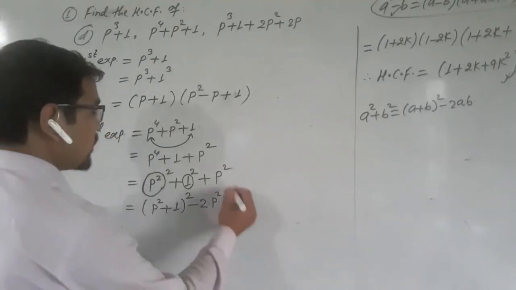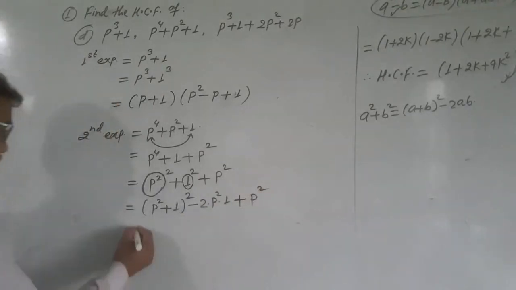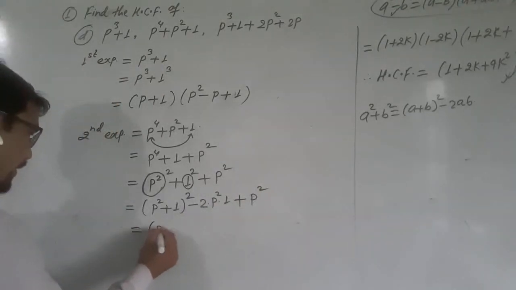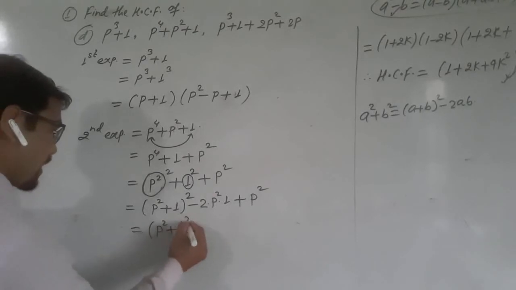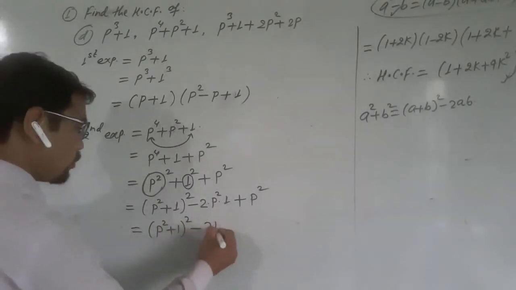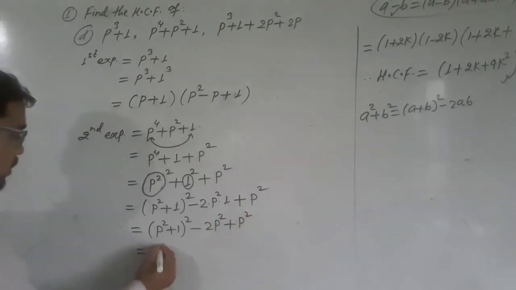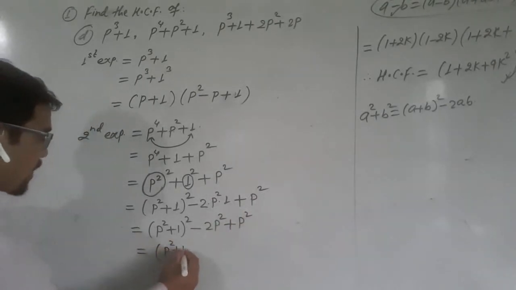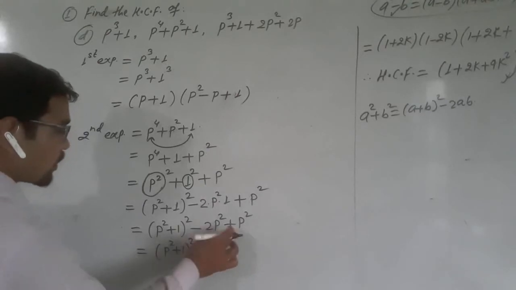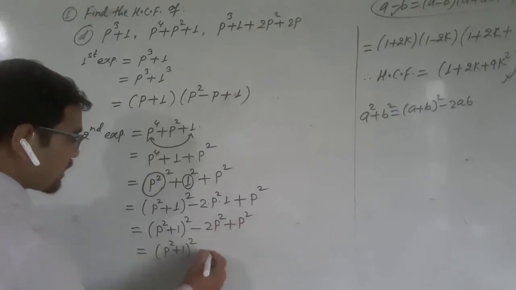Now plus this p square, put as it is. This is equal to p square plus 1 whole square minus 2p square plus p square. This is equal to p square plus 1 whole square minus p square, since 2p square is greater, so we subtract and write minus.